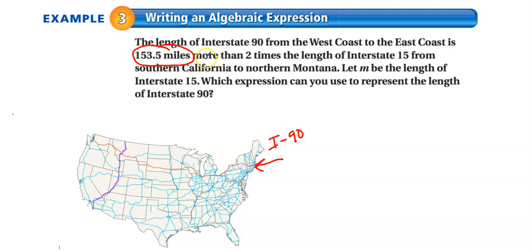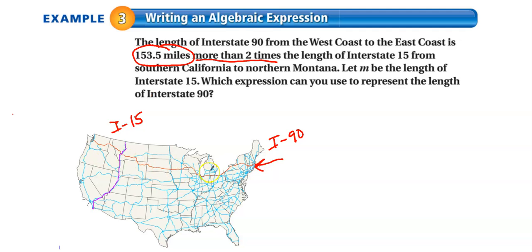And then it says it's this many miles more than 2 times the length of Interstate 15, which goes from Southern California to Montana, right? You guys live off of 15. It's not too far from your school. So this is I-15. So it helps me to sort of draw out pictures and I get an idea of what I'm trying to do.